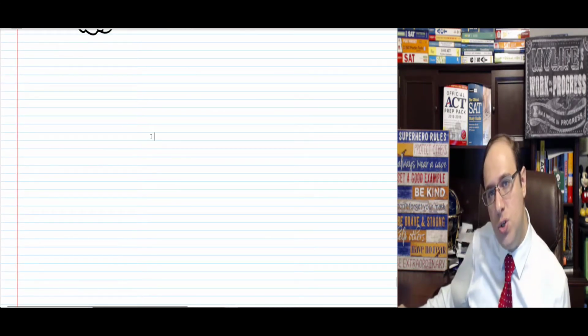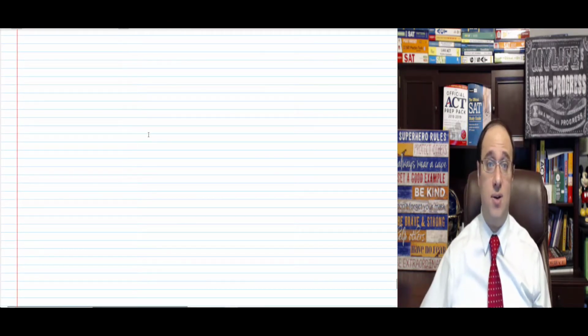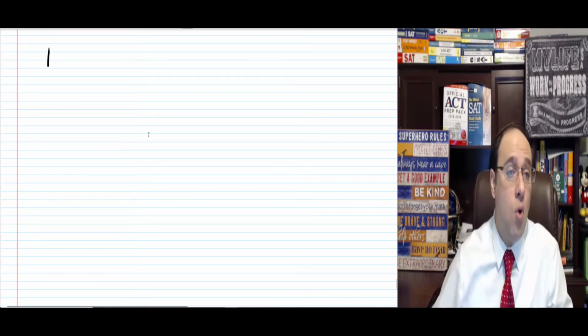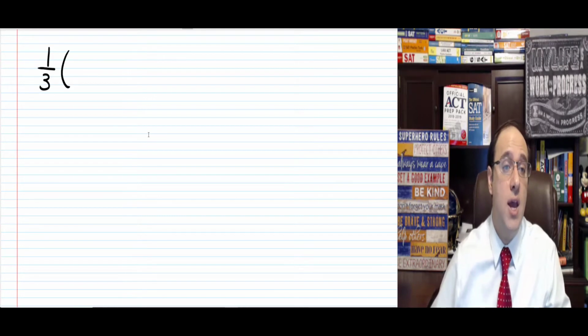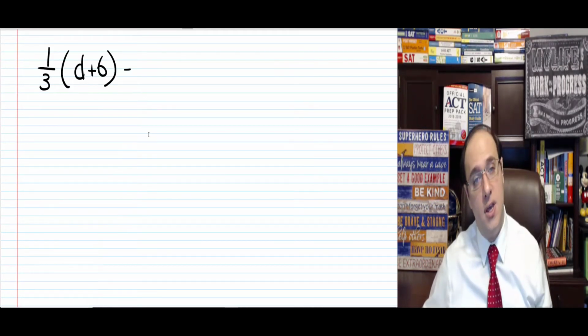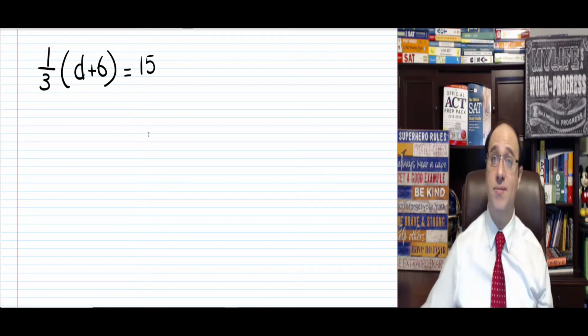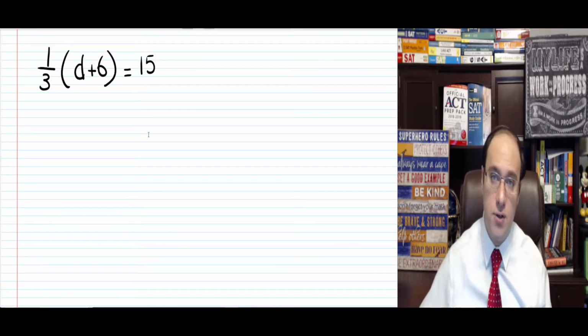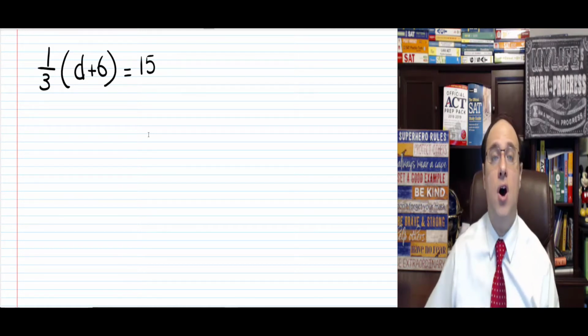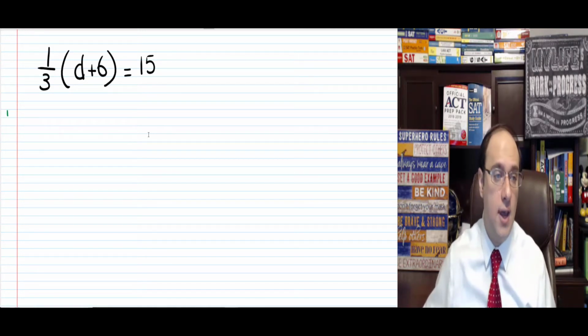Now let's do one more that looks similar to this one. But let's use fractions this time, okay? Now, here's a question. 1/3 d plus 6 equals 15. Let's answer this. First of all, if you have parentheses on the left, if you have factors on the left, then you must first expand.